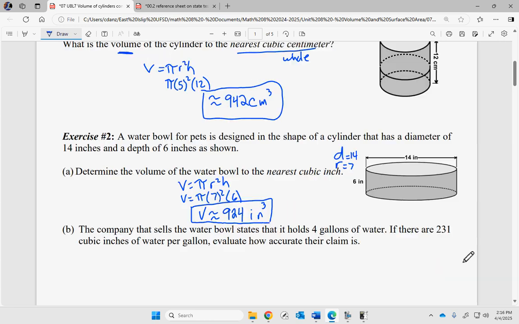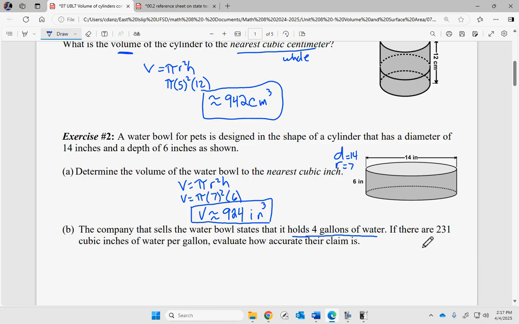There's another part to this. It says that the company that sells the water bowl states that it holds 4 gallons of water. And they tell me a conversion right here.